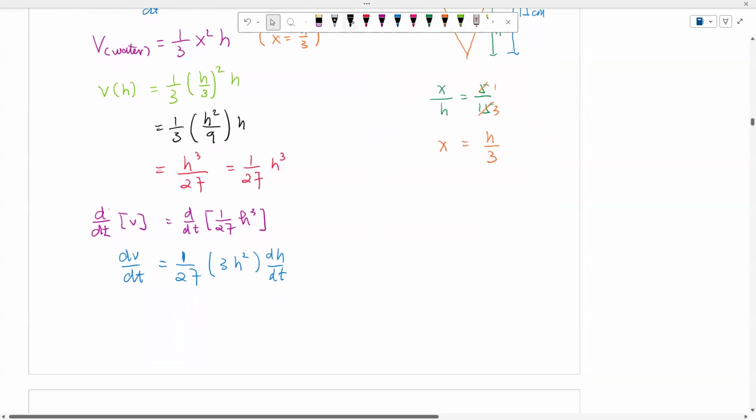Now let's see how we finish the problem. This is 9 right here. Because I would like to solve for dh/dt, we could have 9 dV/dt divided by h squared is equal to dh/dt.